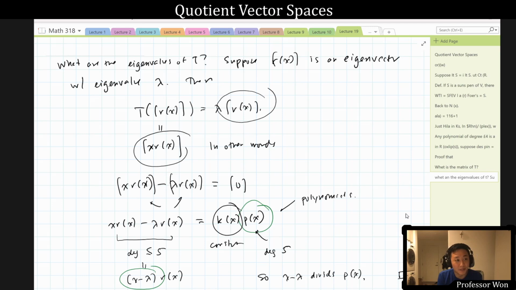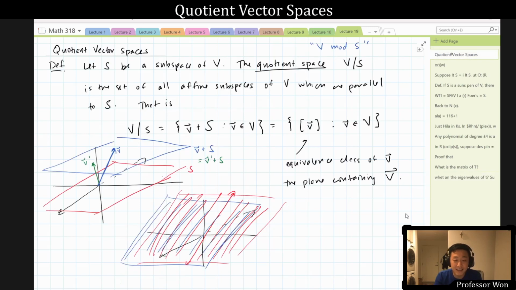Even if you aren't a math major, at some point you may see quotient spaces again, even in computer science, and the more times you see it, the better. Okay, so if you're confused a little bit, that's okay. That's normal. There won't be many, if any, homework problems that really use a lot of deep things about quotient vector spaces. You should definitely know the definition, and you should definitely at least understand pictures like this.